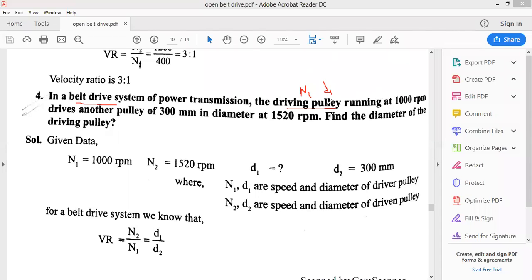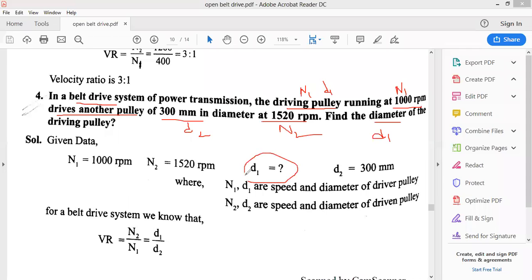So 1000 RPM is nothing but N1. It drives another pulley, the driven end, which is going to receive this rotational motion, and has a diameter of 300, so this is D2, at 1520 RPM, which is N2. We have to find out D1, which is not given.